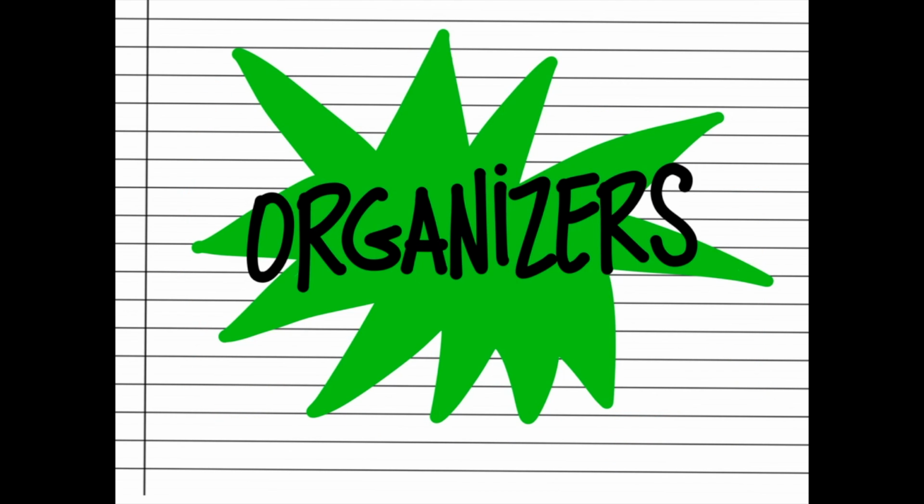Organizers do 3 things for our students, and I want you to really hook on to these things. So like I talked to you about sketchnoting and what the process is to hear information, to take it in, to micro-summarize it, and now we're going to put it out on the paper. We're going to transfer it, we're going to process it and put it onto the paper. And so that's what sketchnoting does. Now let's think about what organizers do. And organizers do 3 basic things for our students.